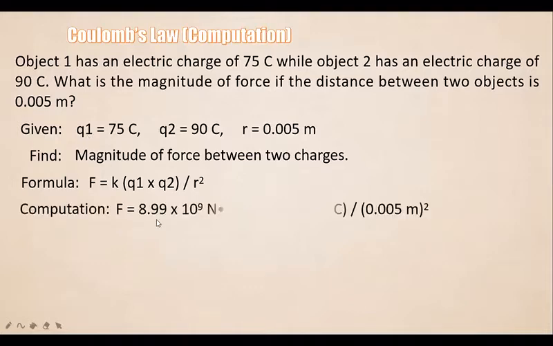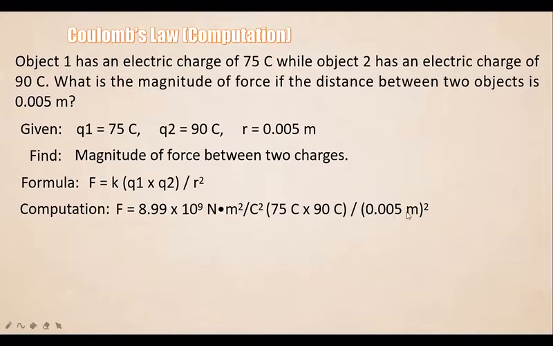We have K, the constant, equal to 8.99, or simply 9 times 10 raised to 9 Newton per meter square per Coulomb square. Then Q1 is 75 Coulomb and Q2 is 90 Coulomb. Then divide by the square of our distance, which is 0.005 meters.